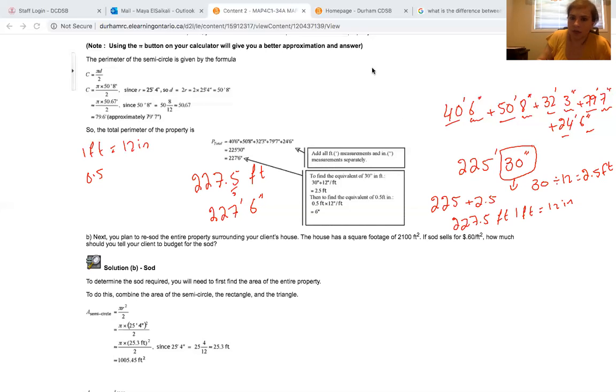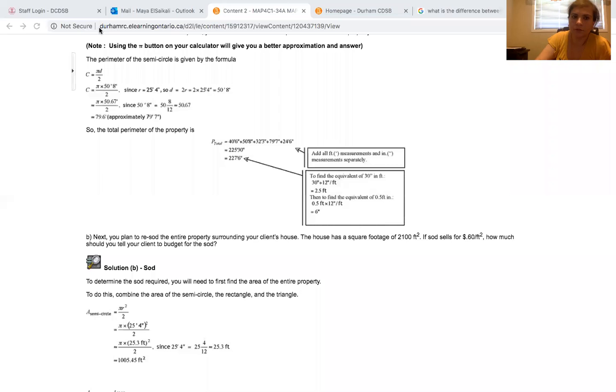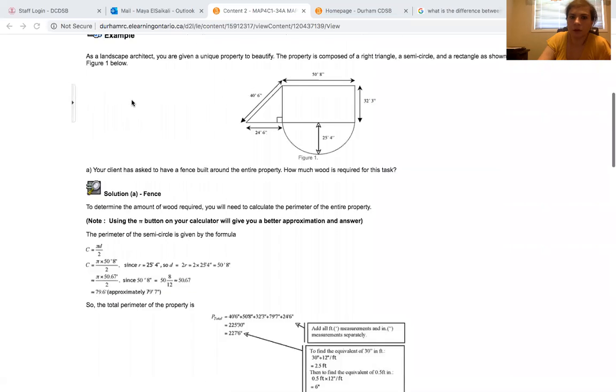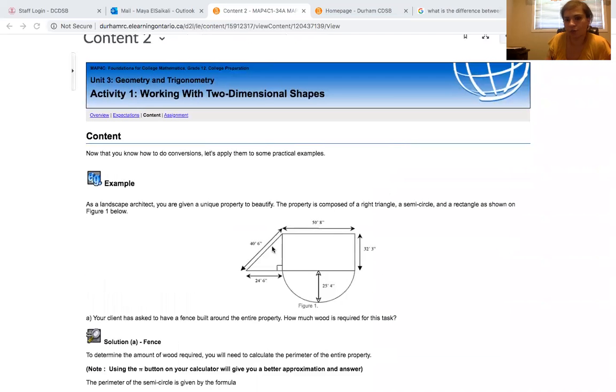So what we know is that this is the whole property, right? And we know that we want to sod, but 2,100 square foot of this property is the house.